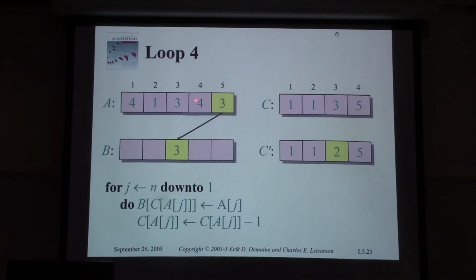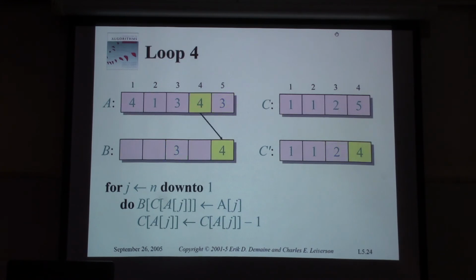And now we're going to look at this element. So this element is A4. A sub 4 has the value of 4. So C4 is equal to 5. So B5 gets the value of A4.